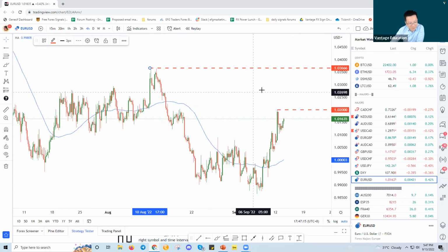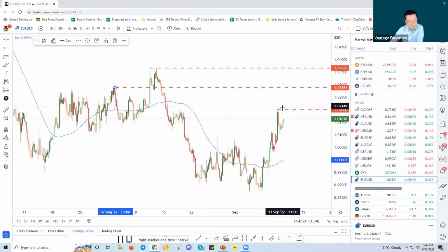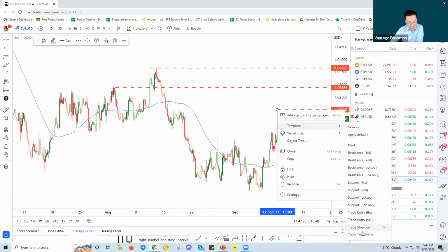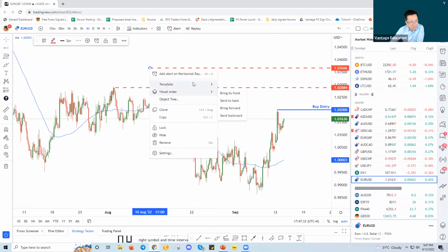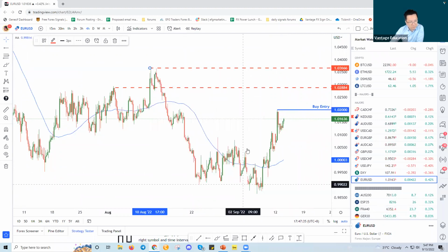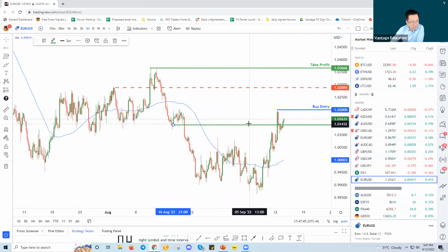I don't think there's a big move to apply a trailing stop in this scenario. If you had to, let's say you look to buy there, your take profit was there only, and your stop loss would be maybe just below this point. So stop loss would be about there.